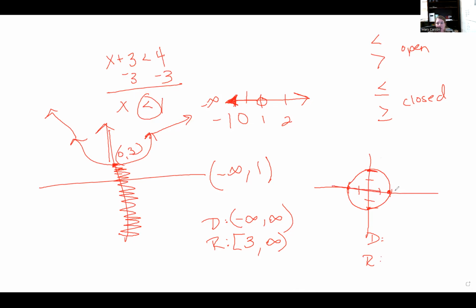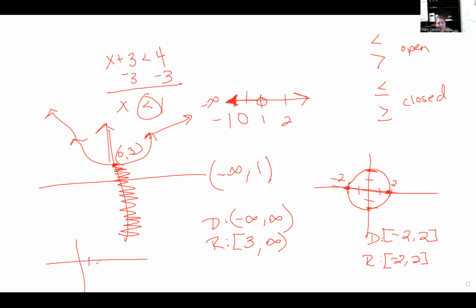So from here to here is being covered. This starts at -2 and stops at 2. So we will go from -2 to 2, and we are including both of these, so we would have brackets on those. And then the range here again starts at -2 and goes up to 2. So again, we go -2 to 2, and these would be closed on those.